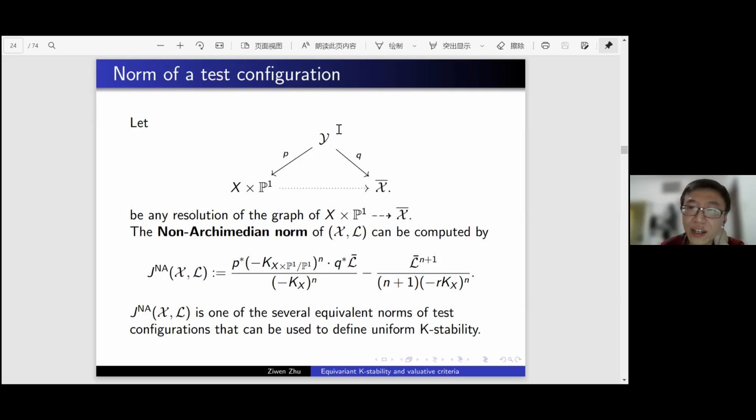Therefore, if I start with any test configuration, I resolve it and get a smooth test configuration, and it's enough to just consider test configurations upstairs.